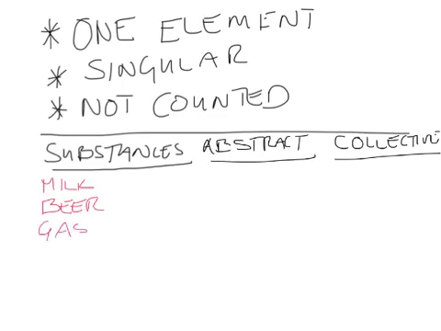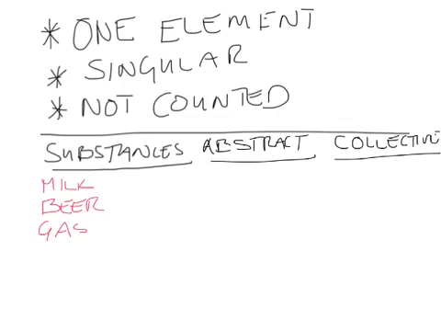So we don't say two milks, we say two cartons of milk. We don't really say two beers, even though people may use it in spoken language, but what we intend is two glasses of beer, or whatever it is.